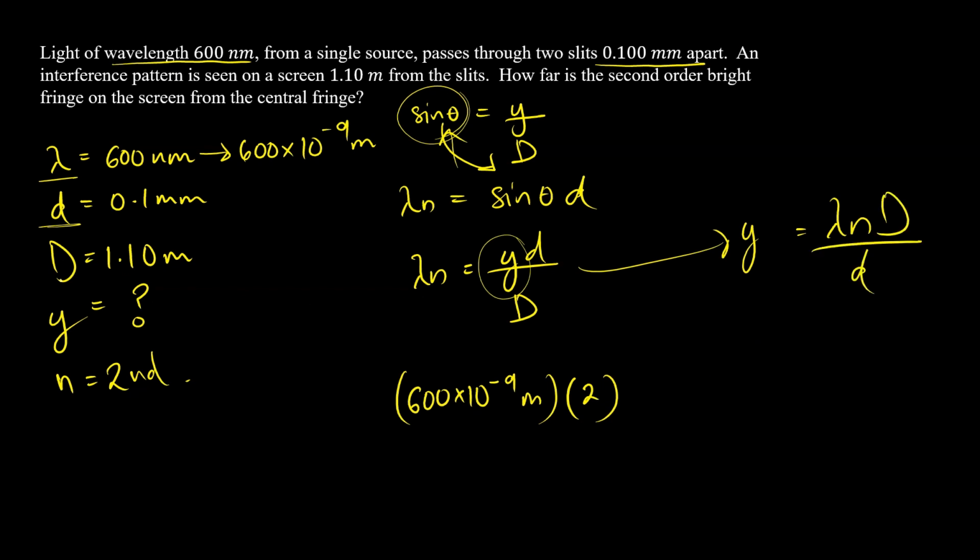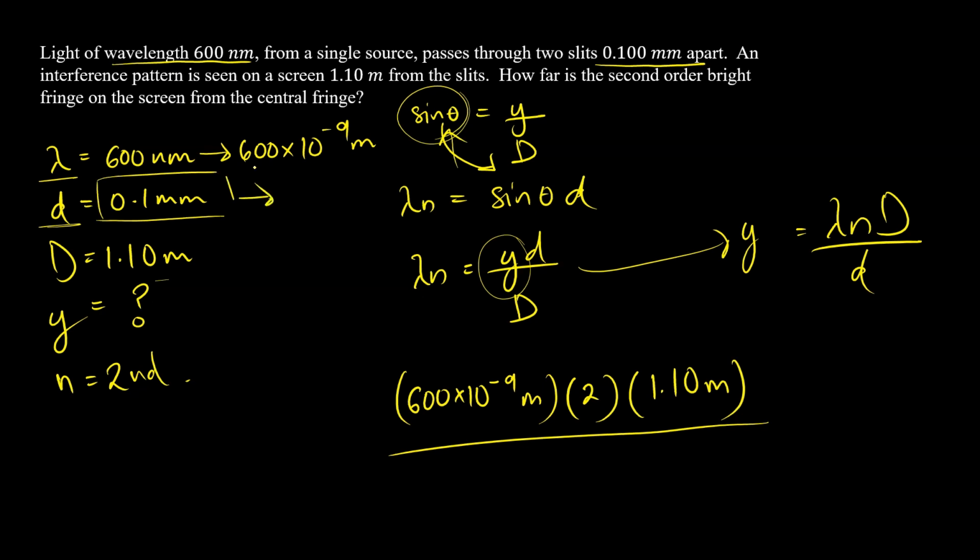The distance between the slits and the screen is 1.10 meters, and we divide that by 0.1 millimeters, but we need to put that in meters as well, which would be 0.0001 meters. Meters will cancel.